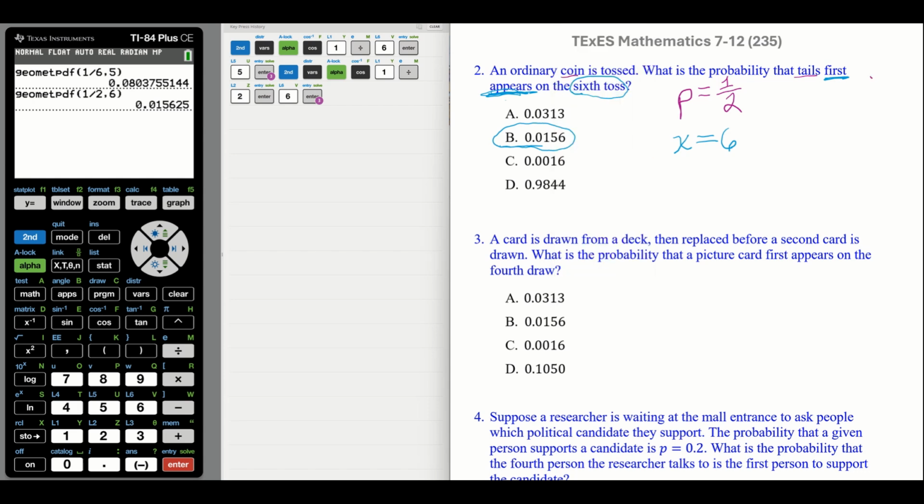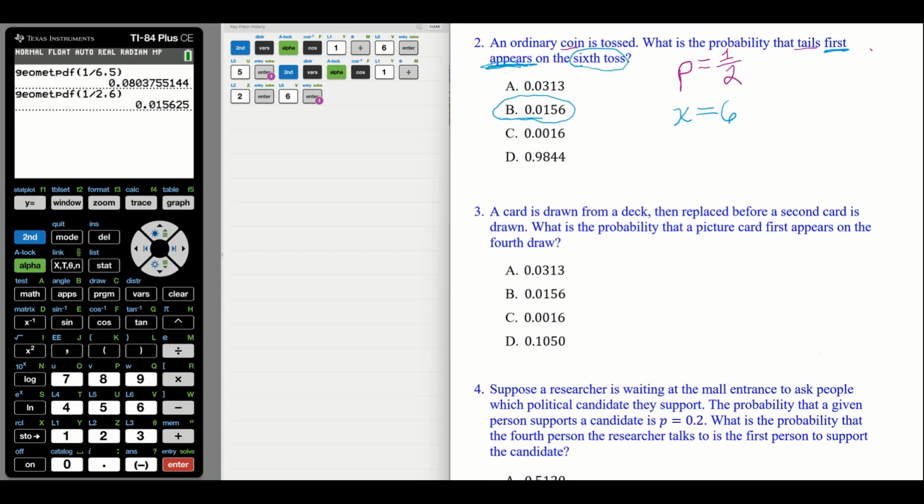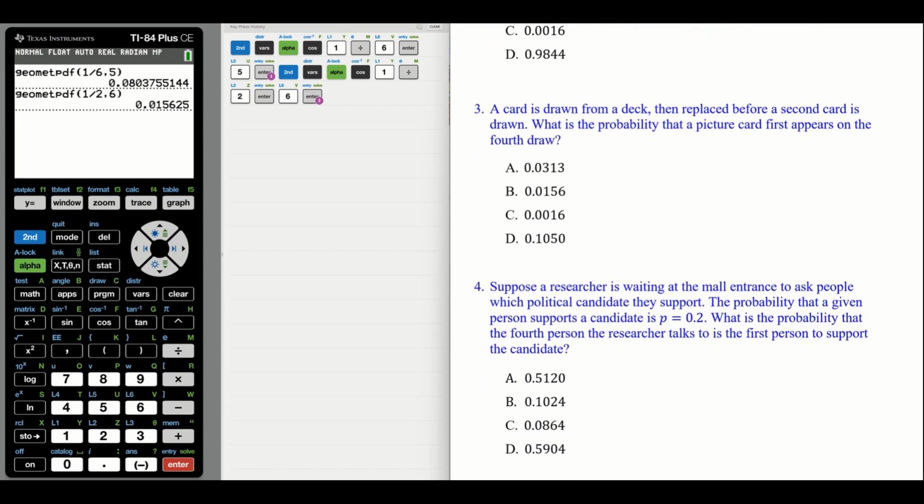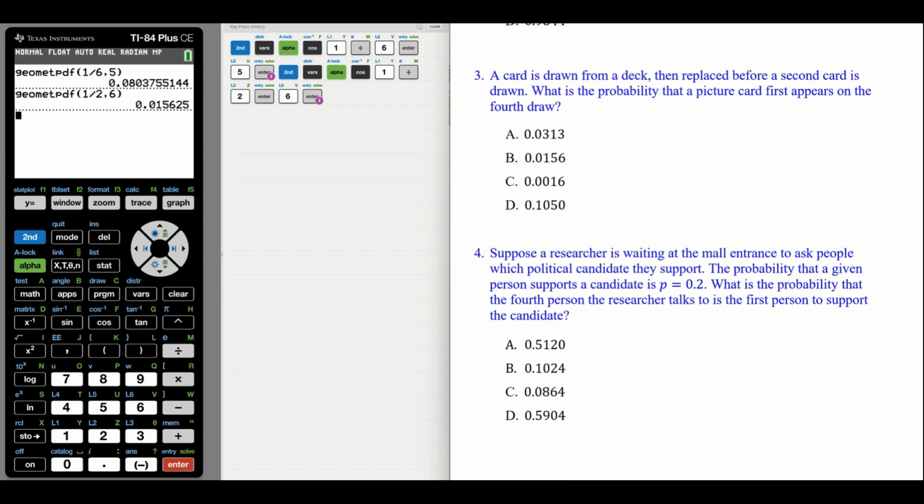Let's do number 3. I'll scoot up. Number 3, a card is drawn from a deck, then replaced before a second card is drawn. What is the probability that a picture card first appears on the 4th draw? Our probability, picture card, we have 12 of those.